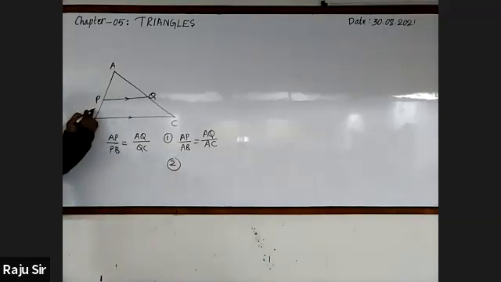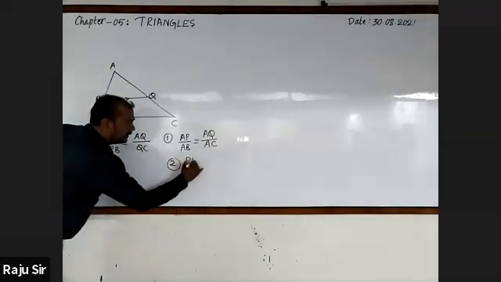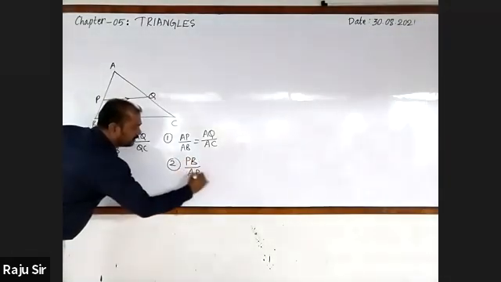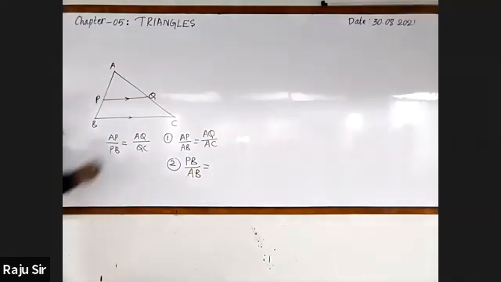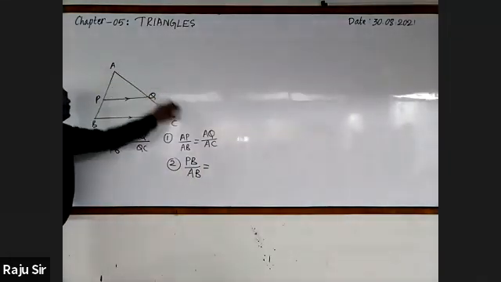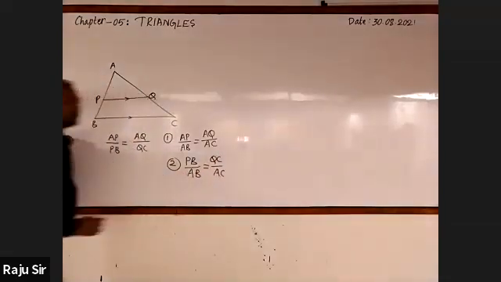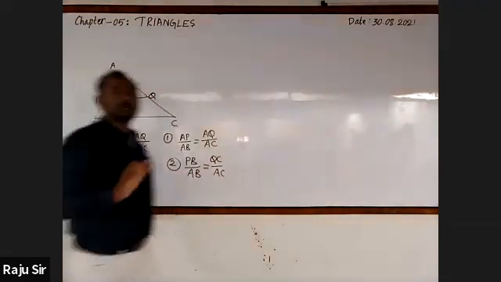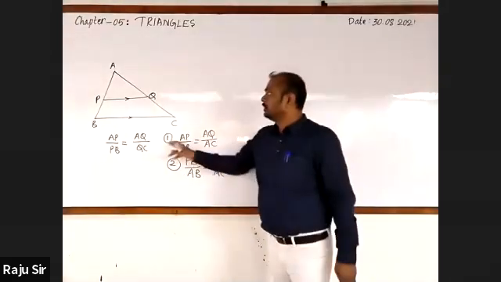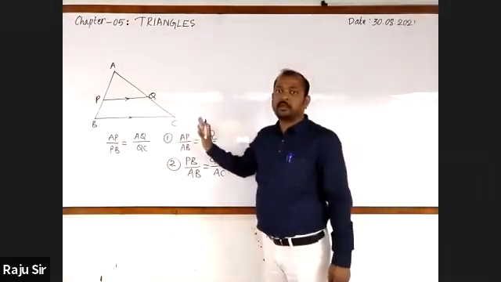It is PB by AB, which is equal to QC by AC. These are the two important results of basic proportionality theorem.